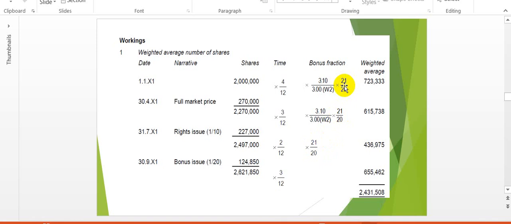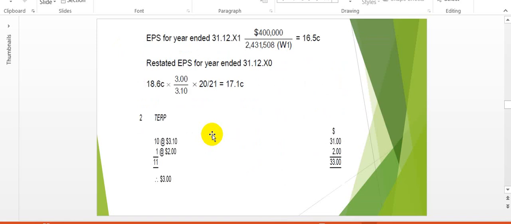Then the rights issue. For the rights issue, what do you compute? You compute a TERP. This is the TERP calculation for the rights issue. The 10 shares you had, the market price was 3.10 to give you $31.